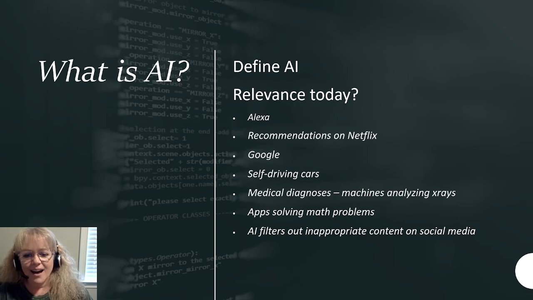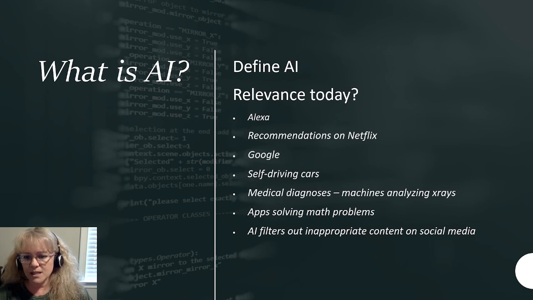Okay, she's done. Recommendations on Netflix. So if I watch Netflix for a couple weeks, I will find that my recommendations start to change. You'll find that too. So start paying attention to it and see what kind of things it's recommending for you, and think about why and how is it doing that.